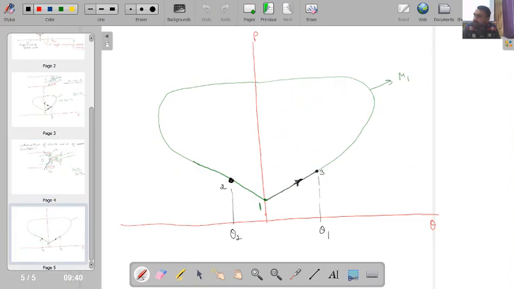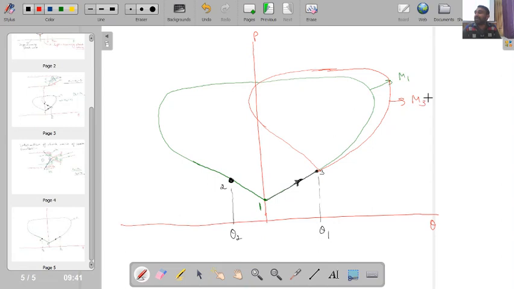So this is point 3. So from here M3 circle I will start. This is my M3 circle.